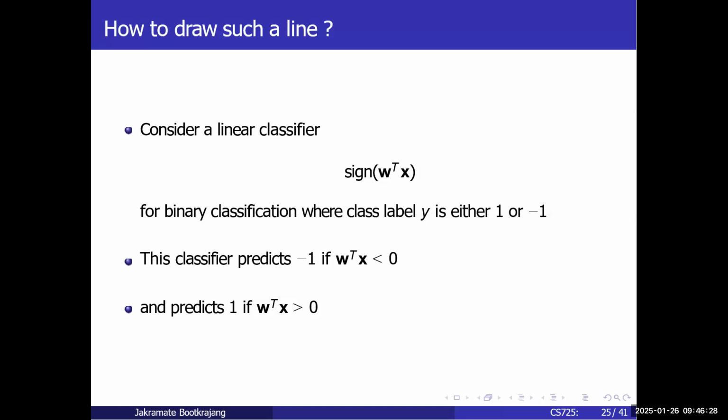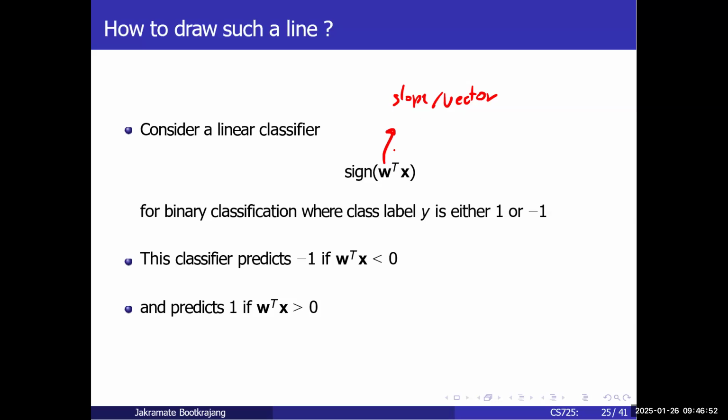So for a linear classifier, this line would be like a plane, right? This W is basically the slope, the slope for each of the dimensions. And it also informs our vector.